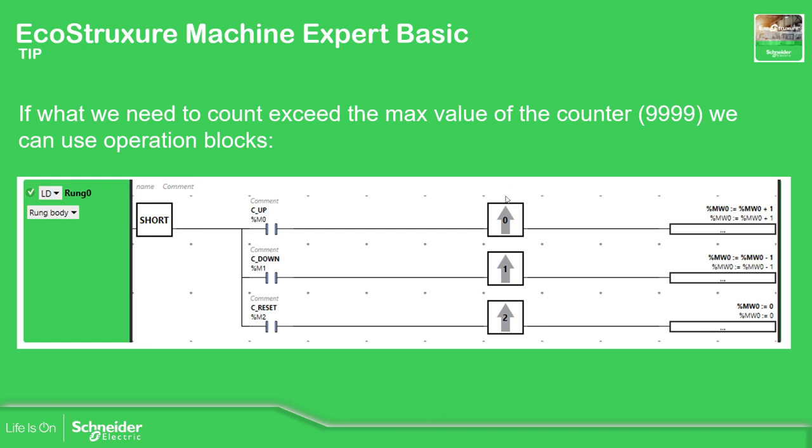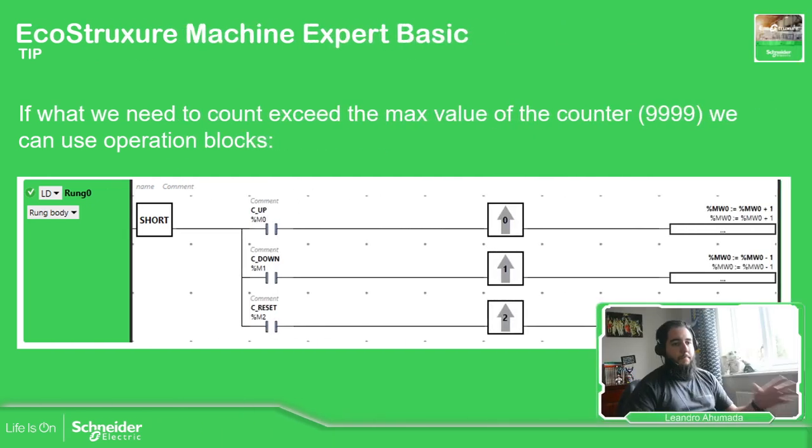Basically, we have the count up. We can use the trigger to add the number 1 into this register, to subtract, to count down, and in order to reset this part. This could be a workaround in case you want to count more than the limitation of the actual counter.